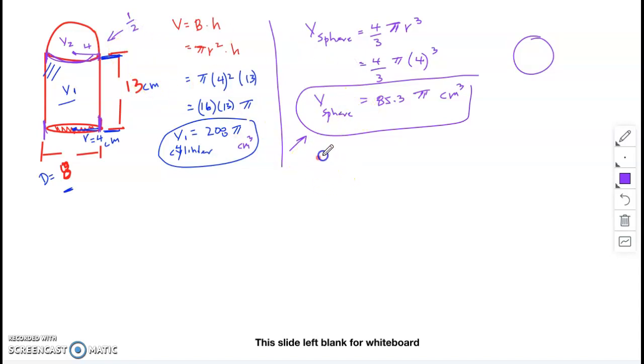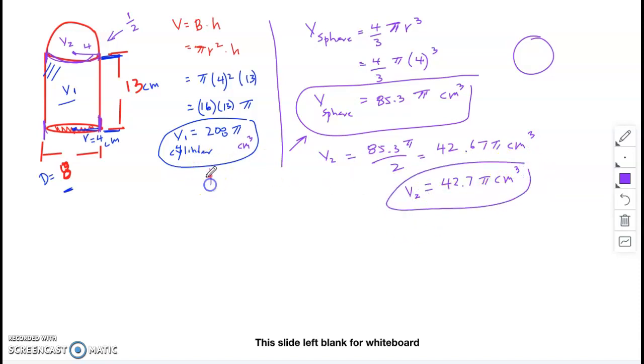Therefore, my volume 2 is whatever I got here divided by 2, and that's going to give me 42.67 pi centimeters to the third power. If I need to round to the tenth, then it's going to be 42.7 pi centimeters to the third power.